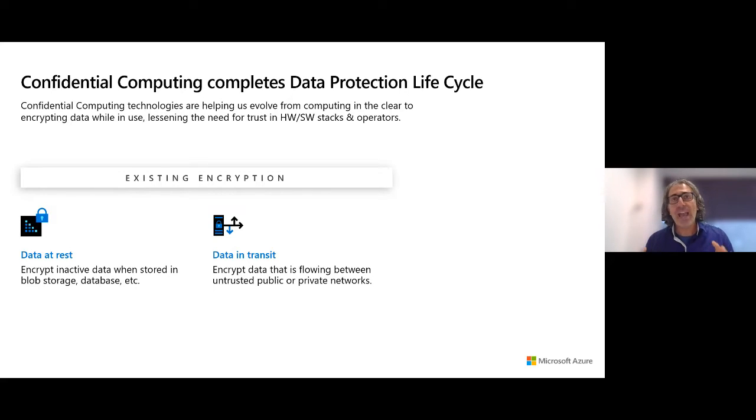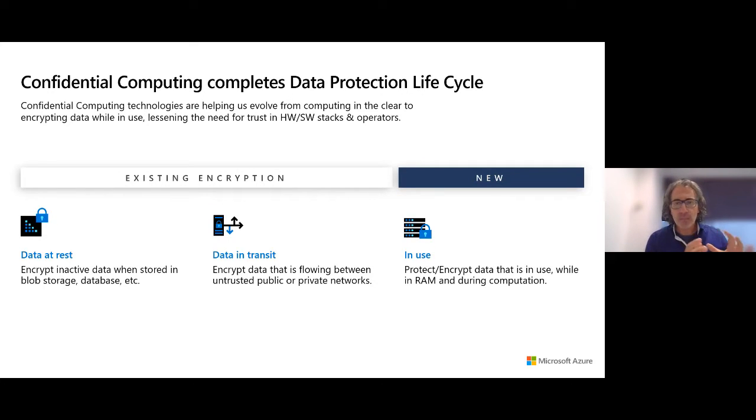That's okay, but as soon as your data is in memory, so it is in use by the application that is consuming it, someone with access to that server, to that virtual machine, can take a memory dump and see everything that is running inside that process, inside that memory. And here is where confidential computing can add that extra level of protection.